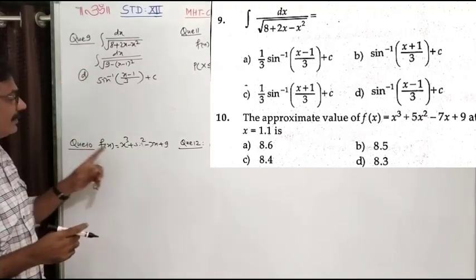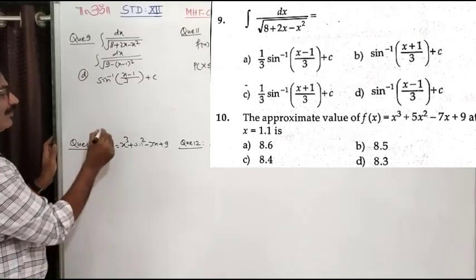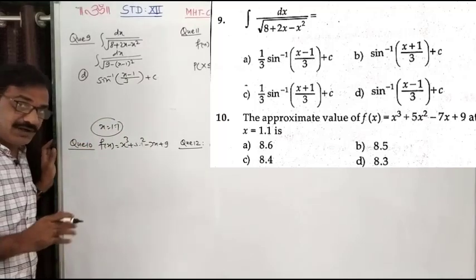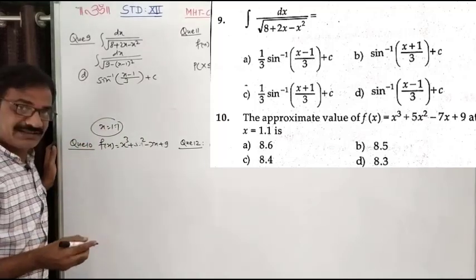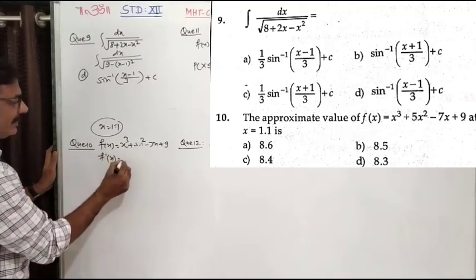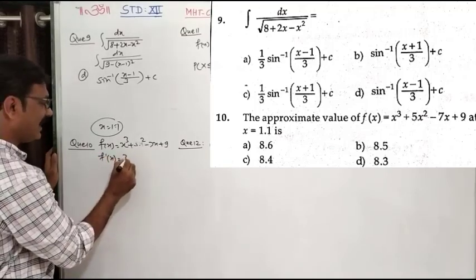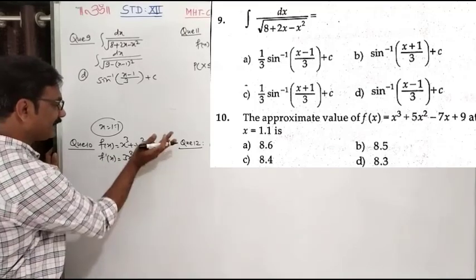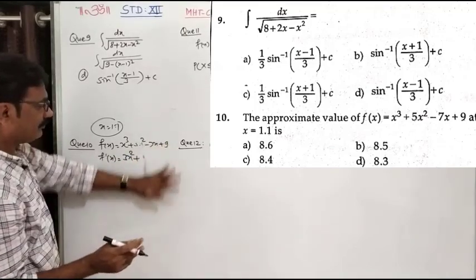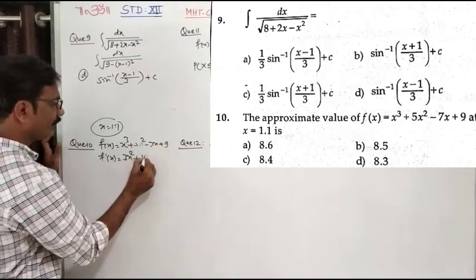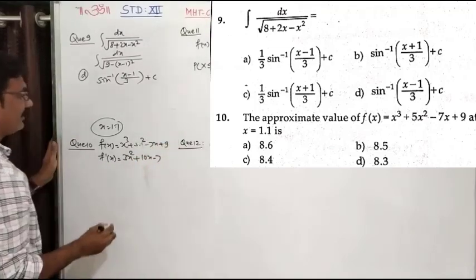Okay. f of x is given, you have to find the approximate value for this. The question belongs to the chapter applications of derivative. f of x, you need f dash x. What is that? 3x square plus 10x minus 7.